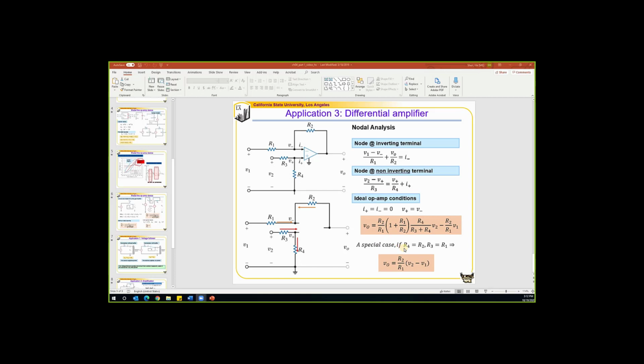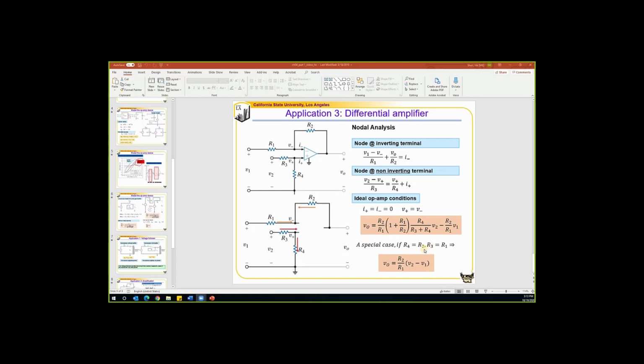Let's look at a special case. If R4 is equal to R2 and R3 is equal to R1, R4 and R2 are the same, and R1 and R3 are the same. Then we find that VO is equal to R2 over R1 times (V2 minus V1).